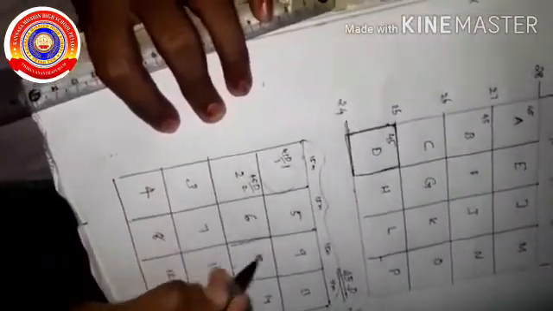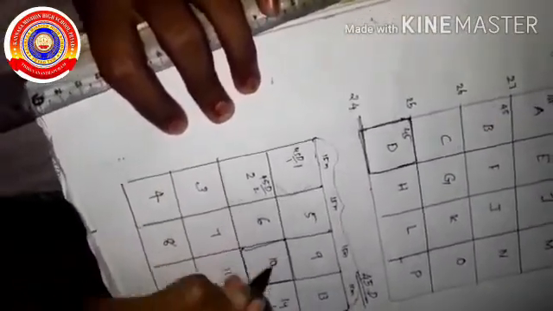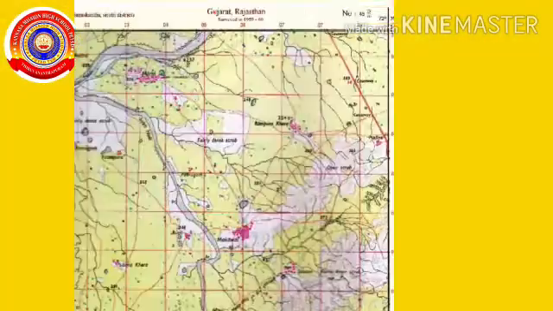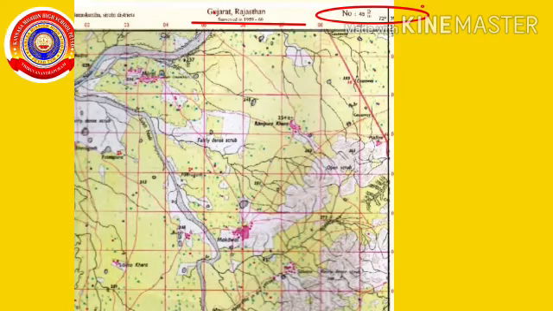Our question is 45D by 10. This is the 45D by 10. This is how we find out that 45D by 10 represents parts of Gujarat and Rajasthan.